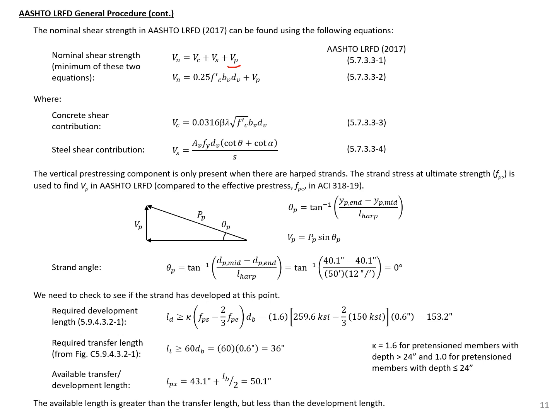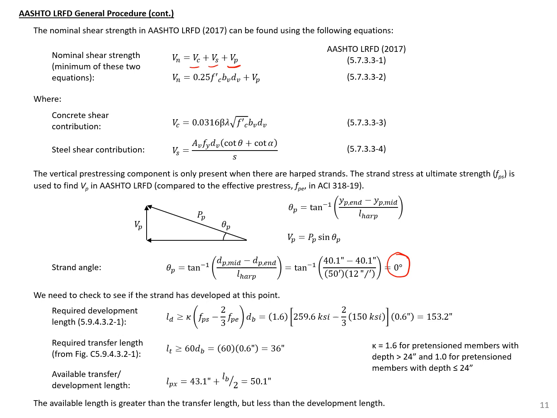AASHTO separates it out so that your V sub n is a combination of Vc plus Vs plus Vp. So in this example problem, we don't have harped or draped strands, so our Vp is going to be equal to 0 because the angle of our strands is equal to 0.